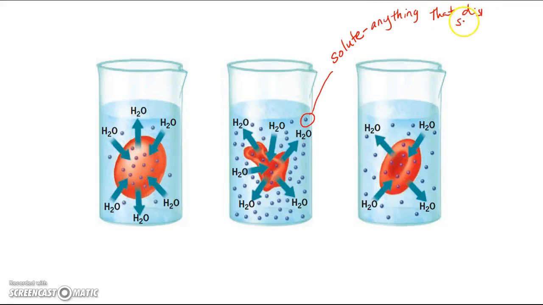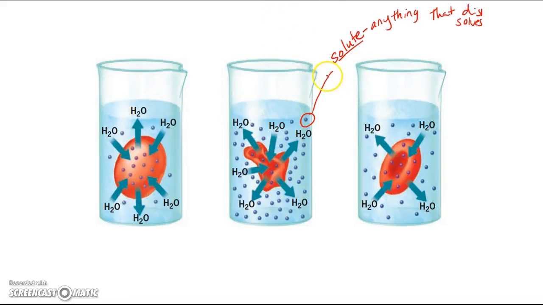As far as solutes go with an osmosis problem like this, you can assume that the solute is unable to get through the cell membrane. If something dissolves in water and it's a solute, chances are it's not going to be able to get through the cell membrane. It's too polar, it's going to get repelled by the lipids.